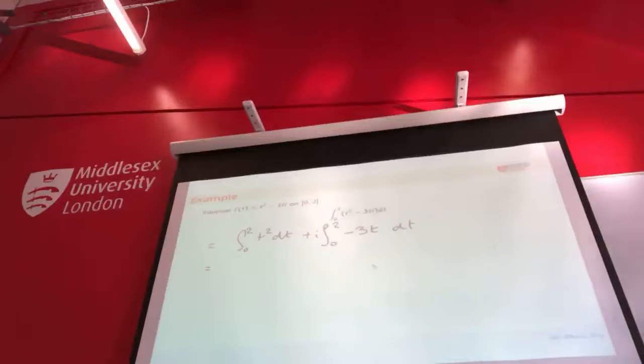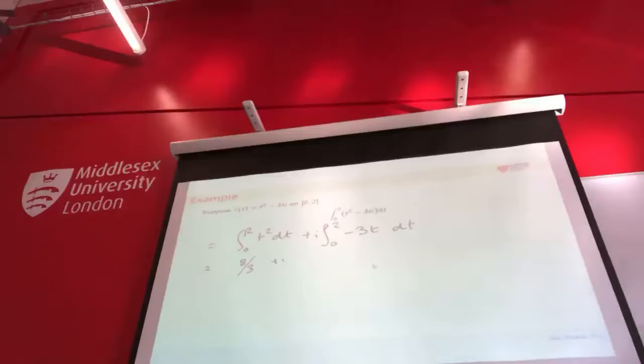So the integral from 0 to 2 of t squared is what? t cubed over 3, which is 8 over 3. What about the integral of minus 3t from 0 to 2?